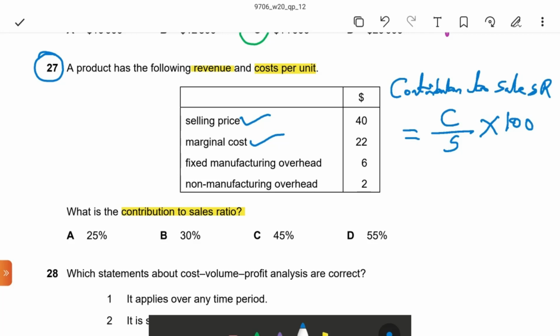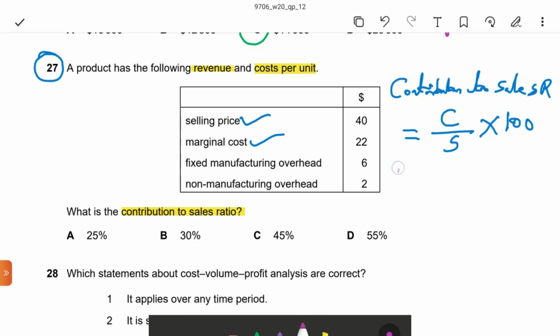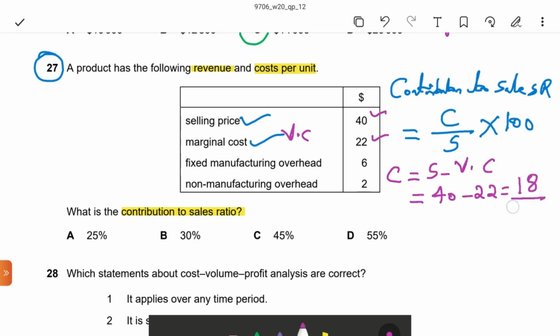So we have to calculate the contribution. Contribution is equal to sales minus variable cost. Here the sales is given as 40. Variable cost means marginal cost, which is 22. So 40 minus 22 is equal to 18.